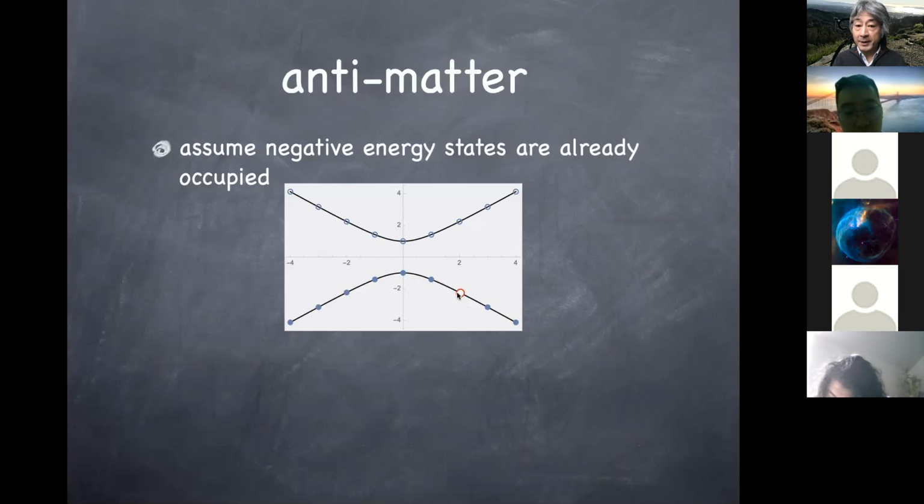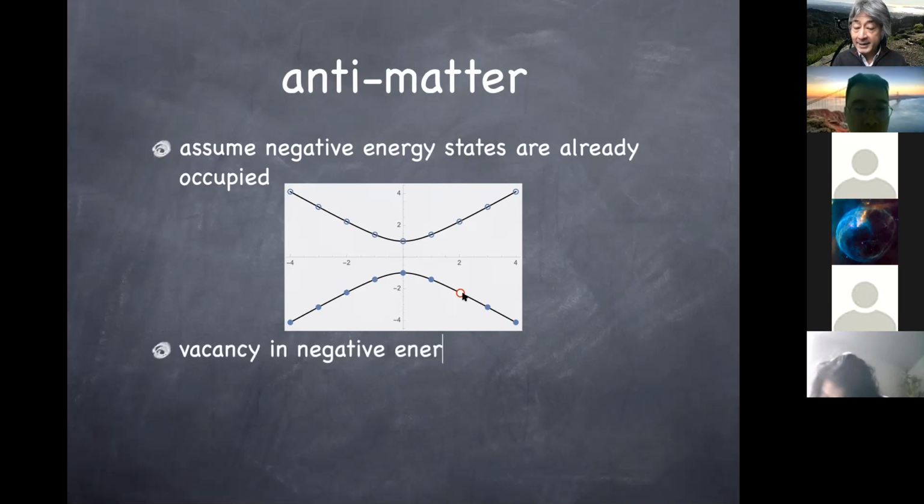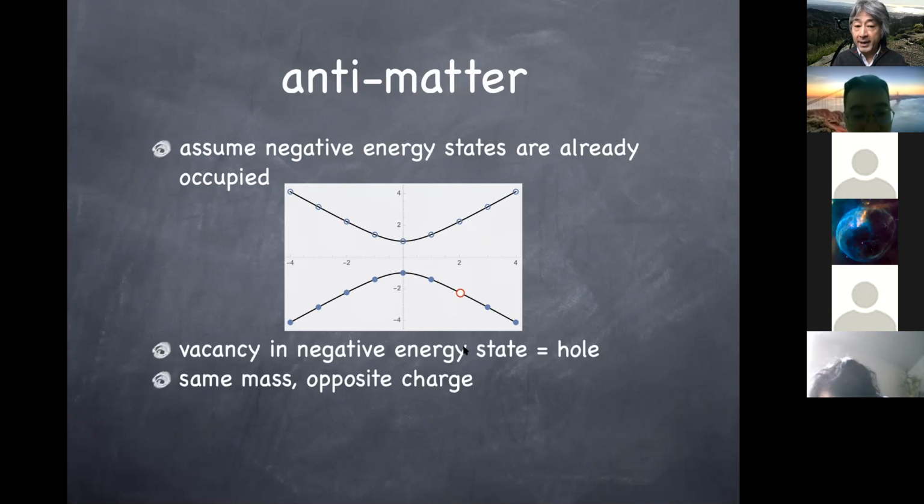And as we talked about in the case of condensed matter physics, when you have a hole in a state below the Fermi energy, then the hole would behave as a particle with opposite charge, but the same mass. And therefore, this is yet another way you find a particle with the same mass and opposite charge, and that's the antimatter again.